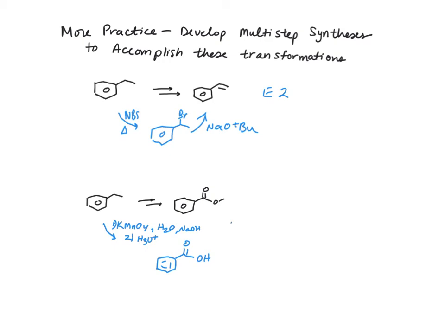And then to convert that to an ester, we want to use a base. We can use sodium hydroxide here because the pKa of that carboxylic acid is about 5. So sodium hydroxide is a strong enough base to deprotonate that. And then we want bromomethane as our electrophile.